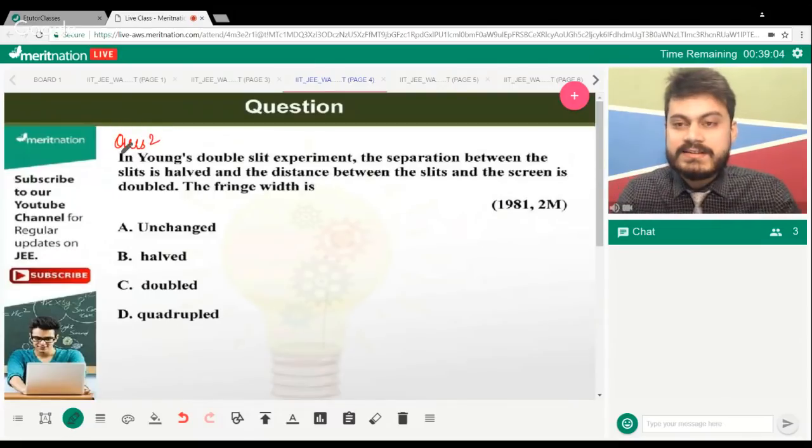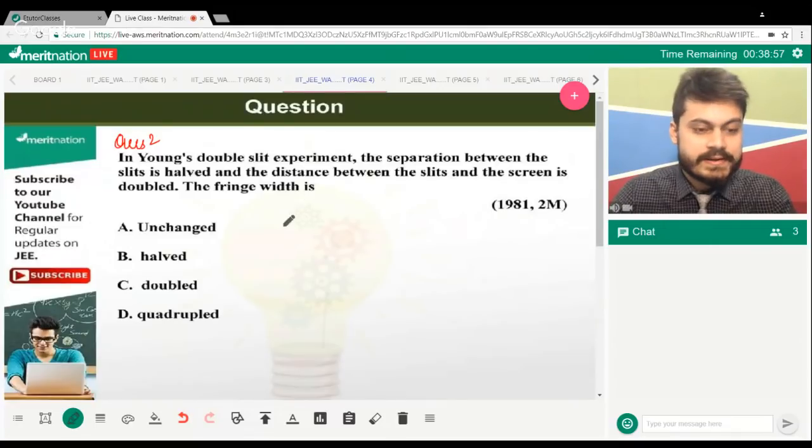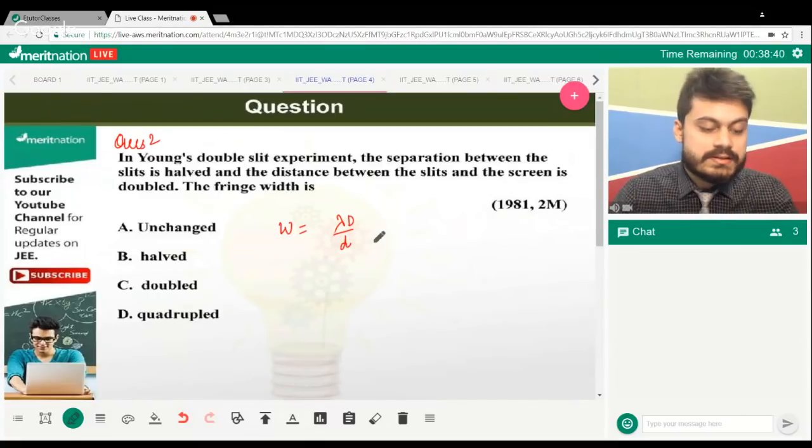D is the correct answer, Anjali. Okay. Isha, Upkant, Meghna, you guys are saying D. So, let me just do it. So, omega equals lambda capital D by d. Now, see the conditions given. The separation between the slits is halved, and distance between the slits and the screen is, you can say, doubled, right?